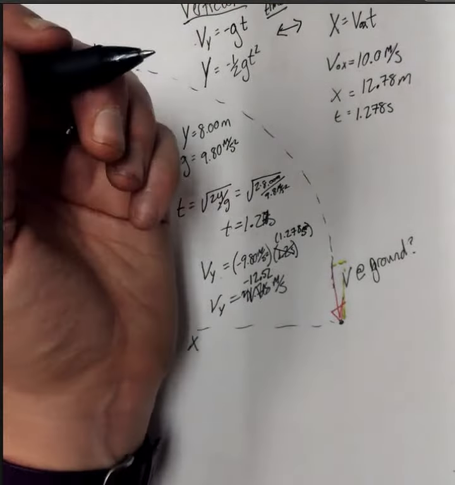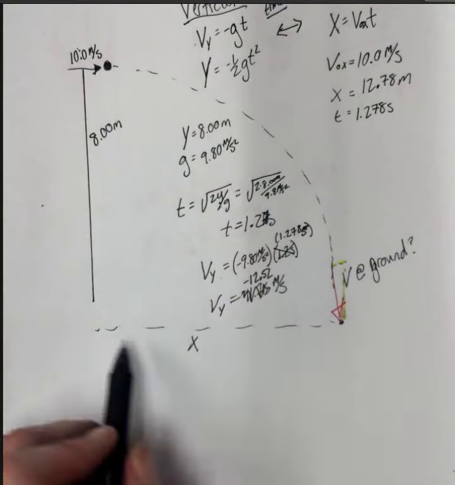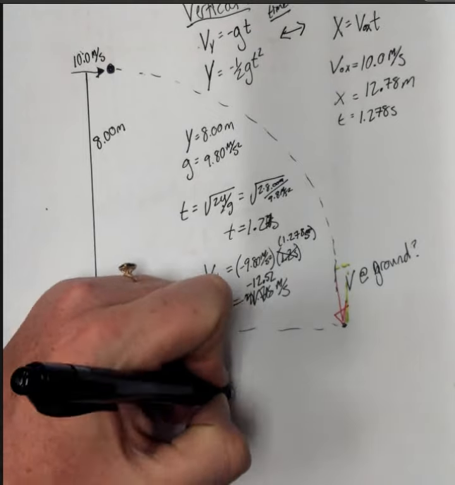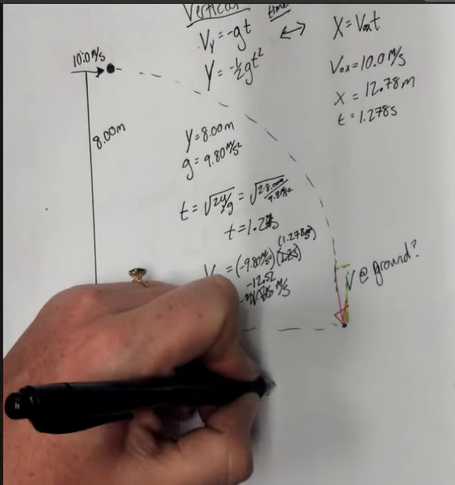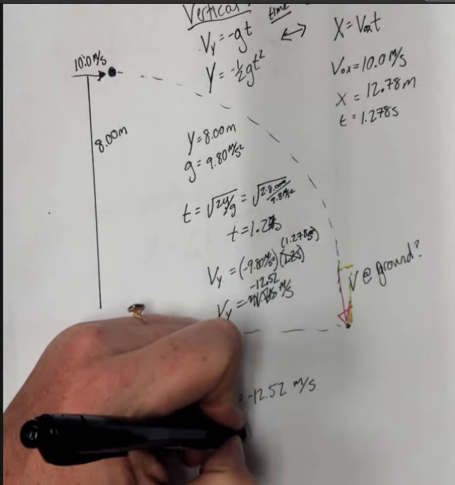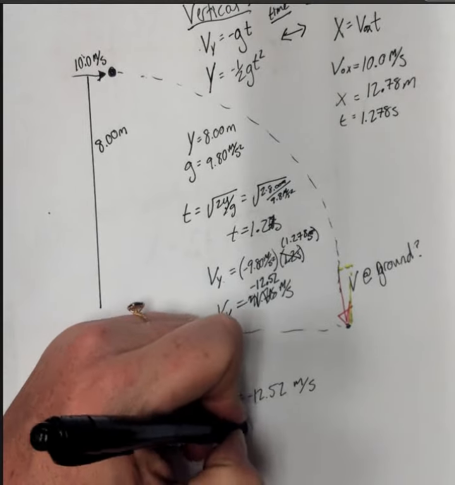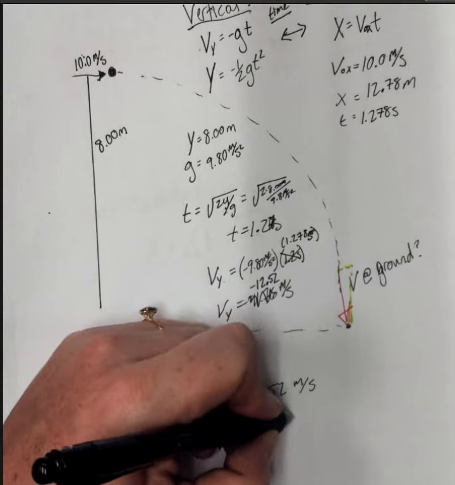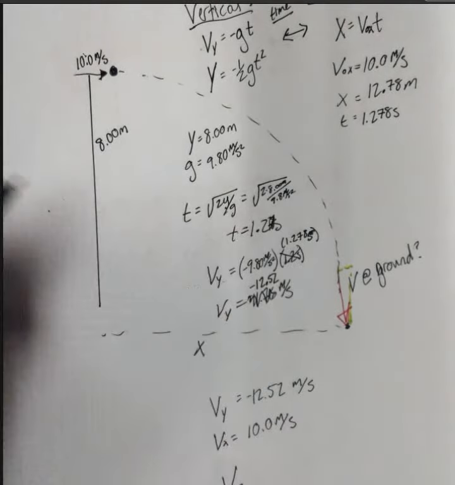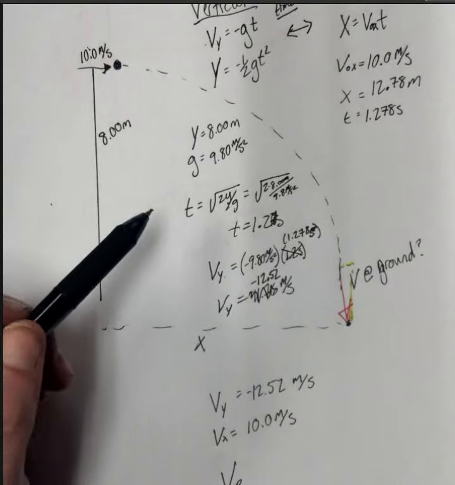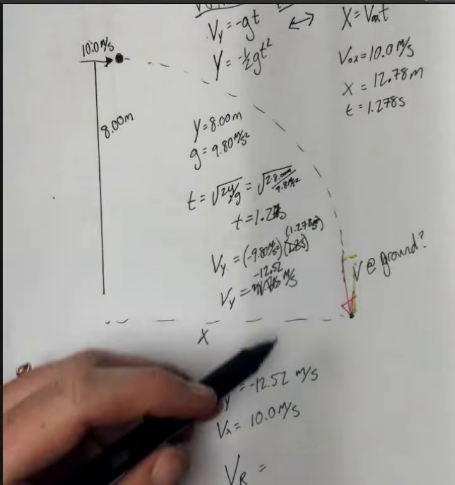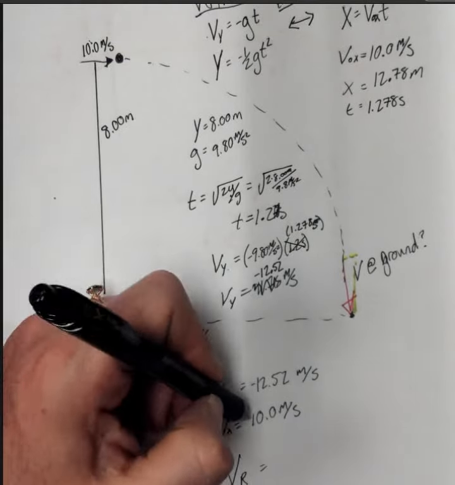Now, I have the final position. I have Vy equals negative 12.52 meters per second. I have Vx equals 10.0 meters per second. So my resultant velocity at that point in time, 1.278 seconds after it leaves, is going to be the vectorial addition of 12.52 and 10 meters per second.